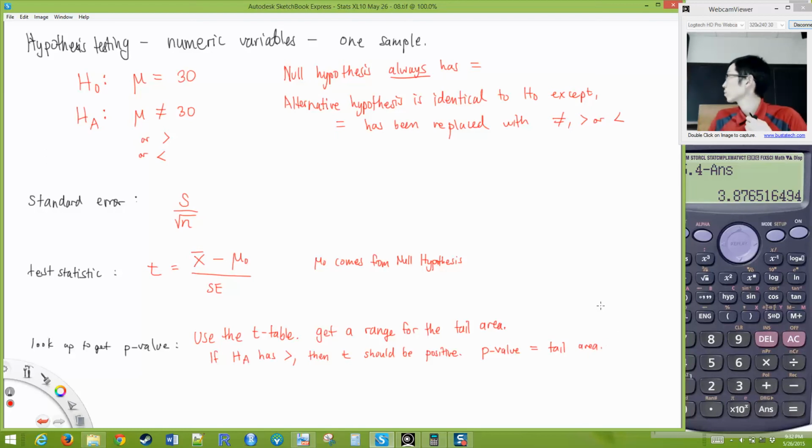So remember, when we covered the use of the t-table at the beginning of class, I only talked about getting your tail area. So this is how we go from tail area to a p-value. If the alternative hypothesis has a less than sign, then t should be negative.